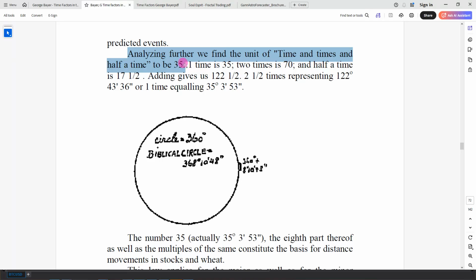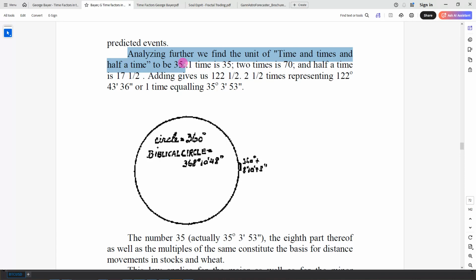So he's looking at one time, 35, twice is 70, half of that 17 and a half. The total of which is 122 and a half, or roughly 122 degrees and change in the circle. So the total of 122 and a half is a key number, and so are the other three numbers given.